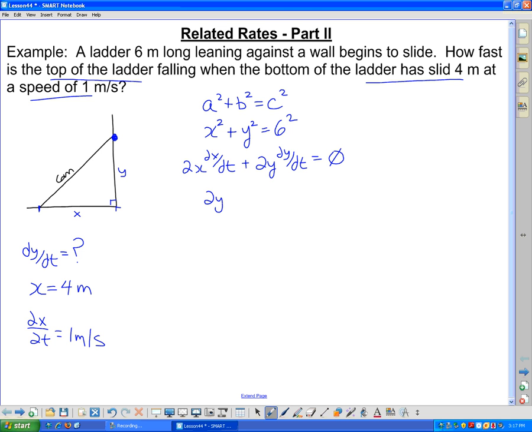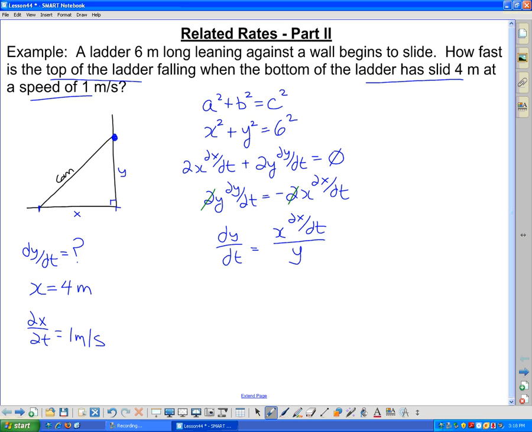I end up with 2y dy by dt equals negative 2x dx by dt. Now I see that the 2's will cancel. So dy by dt is equal to negative x dx by dt divided by y.